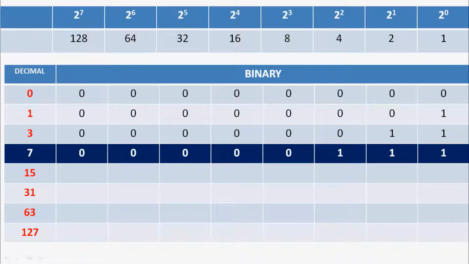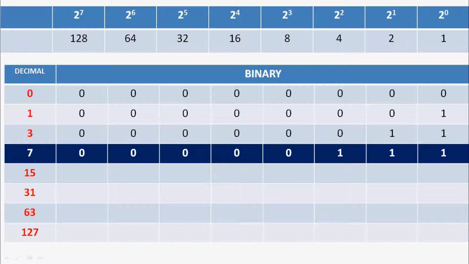Now we will go to 15. This 15 is 1 less than 16. So don't consider 16, 32, 64, 128. After 16 we have to consider the least significant side, that means 8 plus 4 plus 2 plus 1. Now it is quite easy. We should not go to 16, but then how do we get 15?